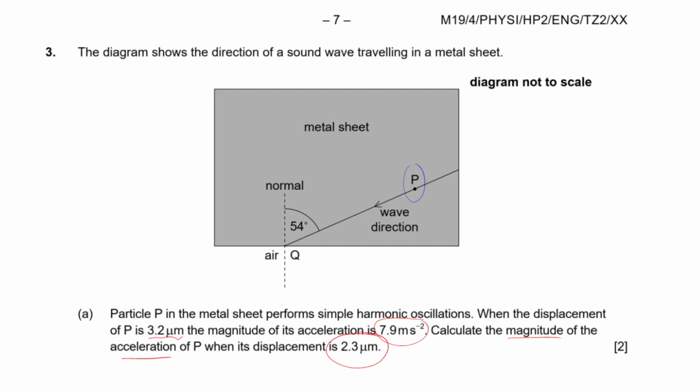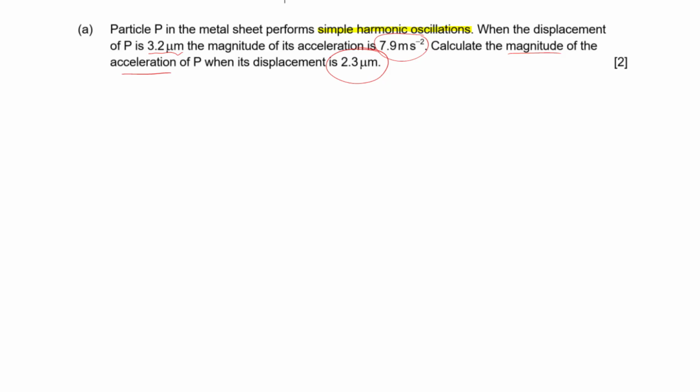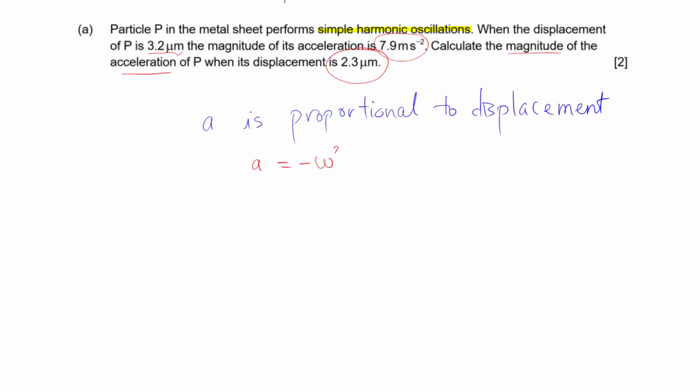So we know that there must be a relationship between acceleration and displacement, and that relationship is in the section of simple harmonic motion. We have that the acceleration a is proportional to the displacement, denoted by the equation a equals minus omega squared times x, with x the displacement and omega the angular frequency.